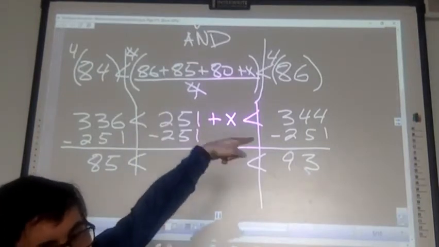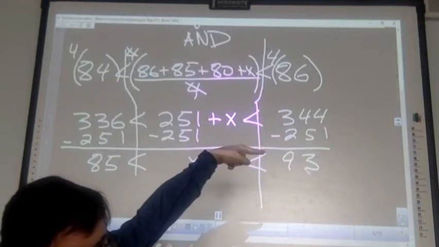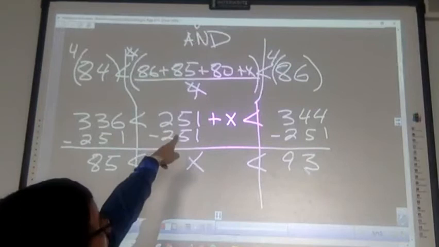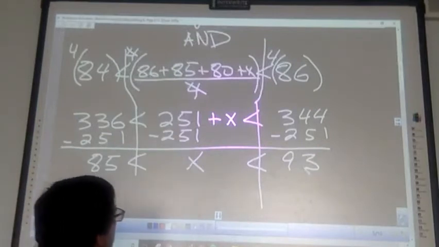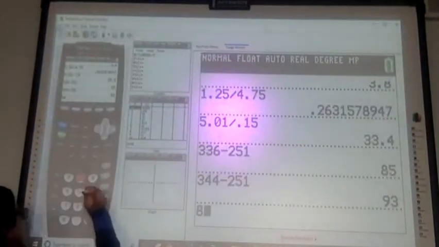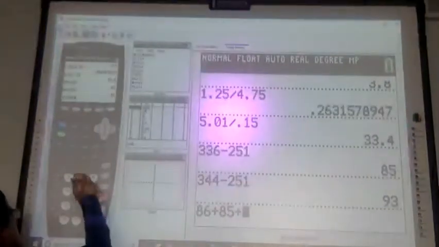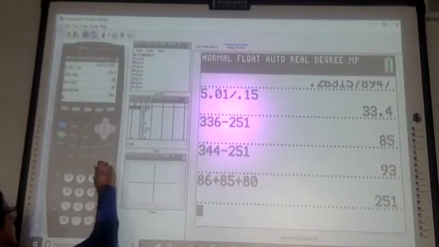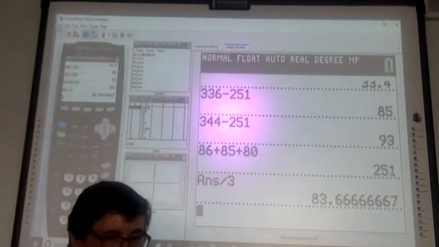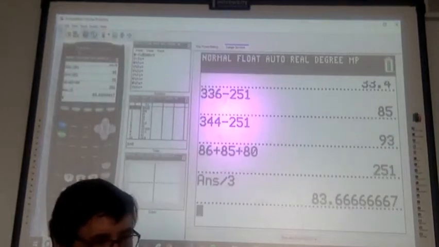He's got one solidly below, 5 points below, and only 1 point above. So his average right now, if you average 86, 85, and 80, let's see: 86 plus 85 plus 80 divided by 3. His average is almost an 84, so it's a little lower.